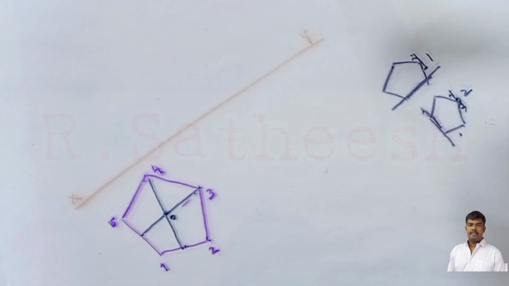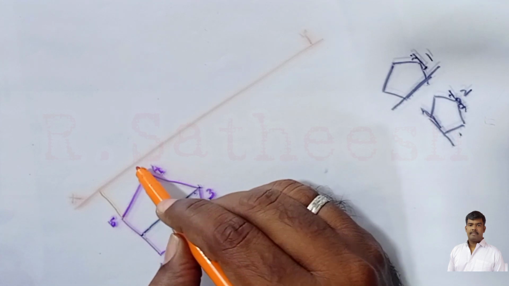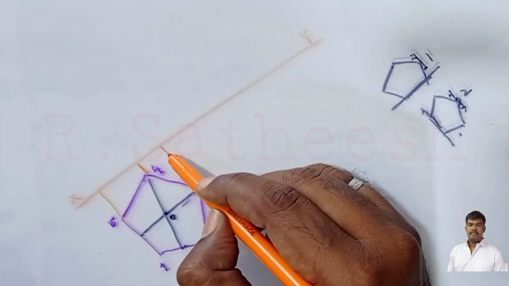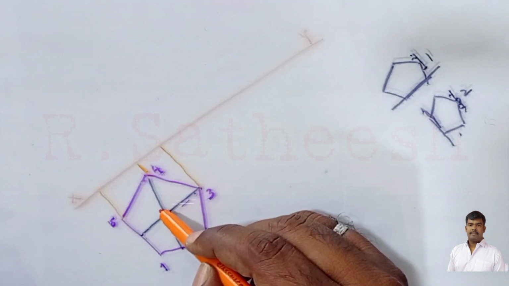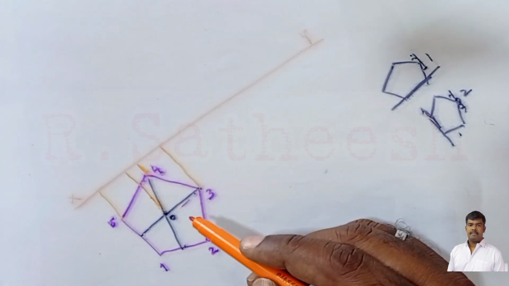Then you draw the projection lines: 1 comma 5, 2 comma 4, and 3, and also the center. Then this is the prism.